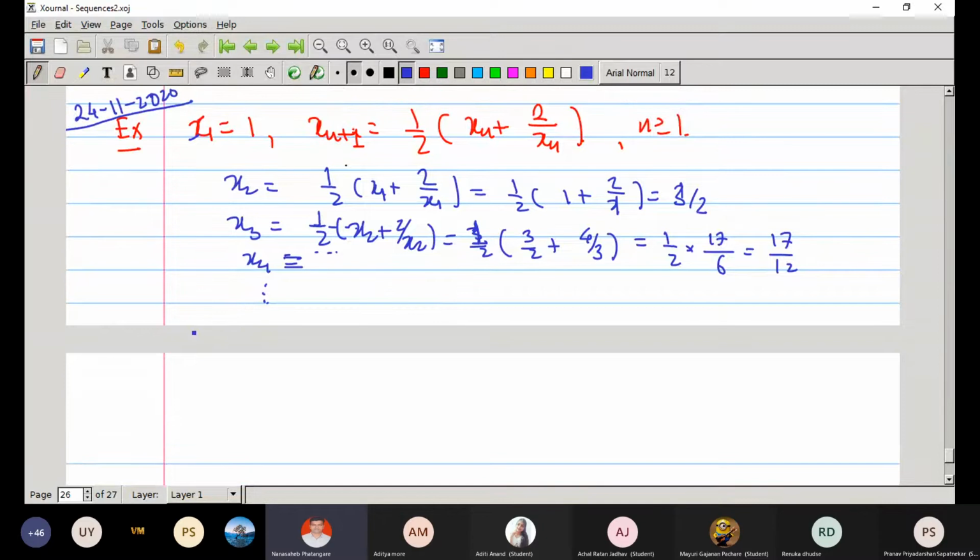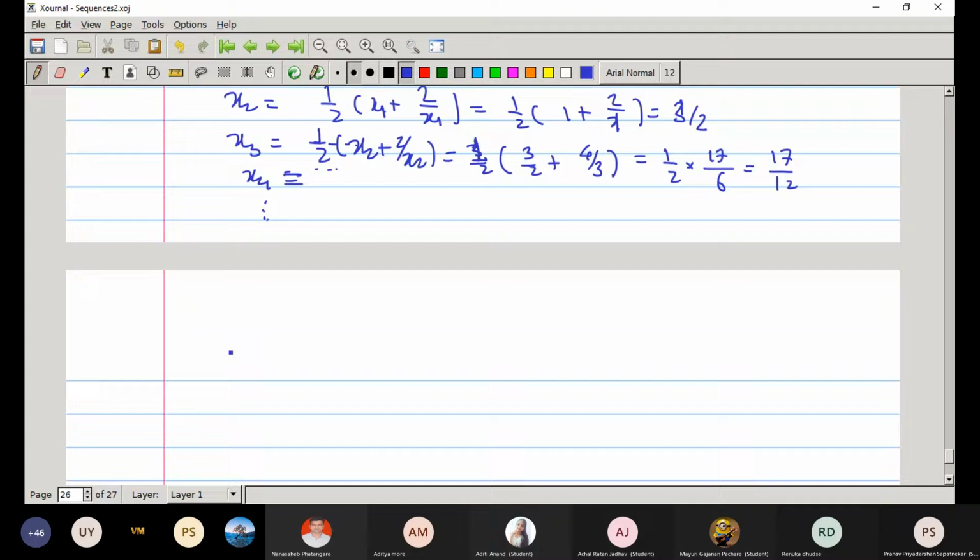Okay, now first of all, we'll try to check whether it is monotonic increasing or decreasing, right? And then we'll think about the limit. So what is xn plus 1? xn plus 1 is 1 by 2 into xn plus 2 upon xn.